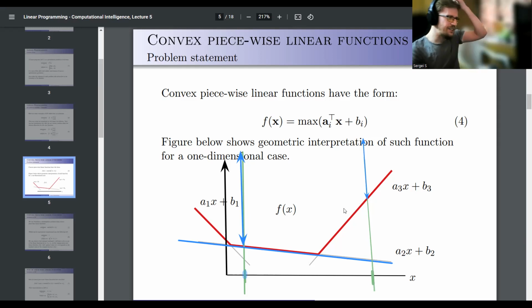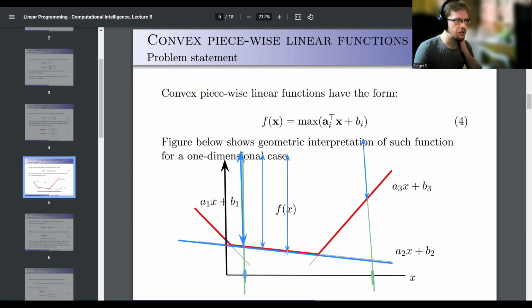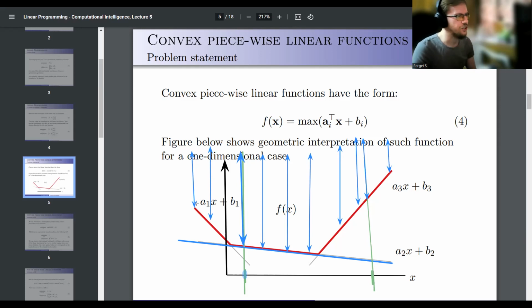So what you see is that the condition that t is bigger than a1x plus b1, a2x plus b2, a3x plus b3 automatically makes t only possible to be higher than this graph. So t can be anything, but it has to be higher than this piecewise linear function.